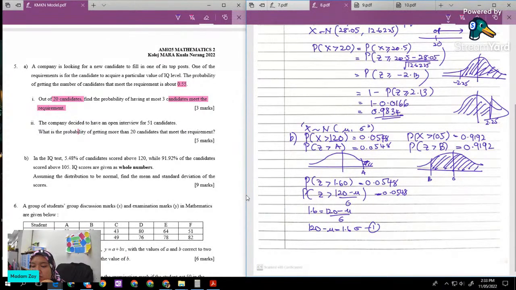Okay, so kalau B macam ni, kita nak kena buang triangle ni. So, it's equivalent to 1 minus probability of Z less than B is equal to 0.0808. Okay. So, Z less than kawasan segitiga ni.